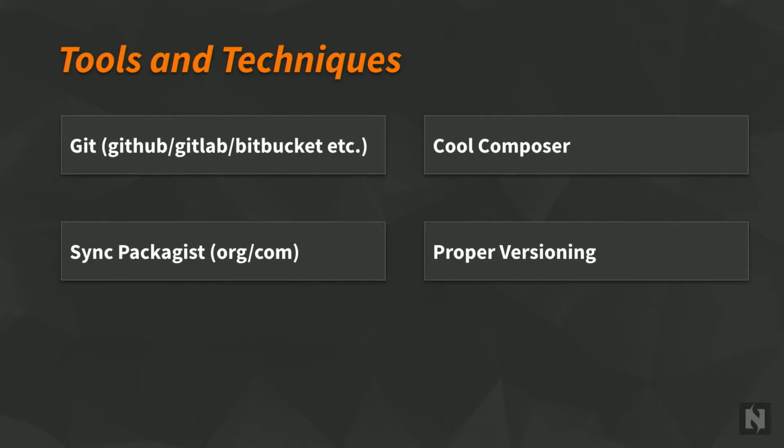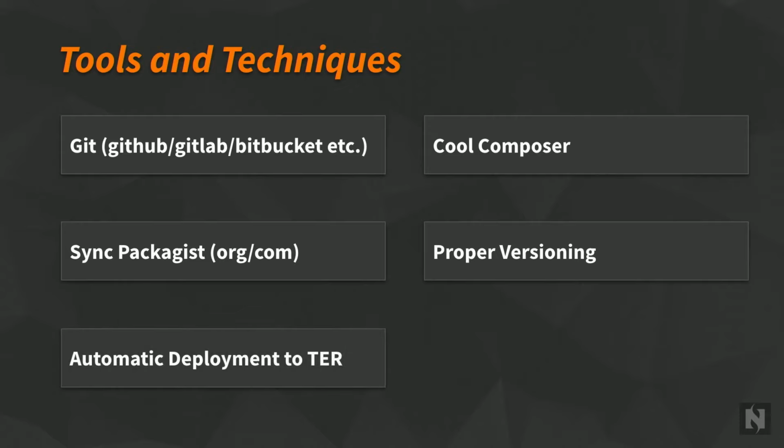Proper versioning is very important to keep. I will explain it in detail. Automatic deployment to TER to save your time. You can think about how to deploy a particular extension to TER, right, to save the time. And code review, that's a must. Code review with, as I said, the lint or with the senior guys to check if the code is good or not, right?